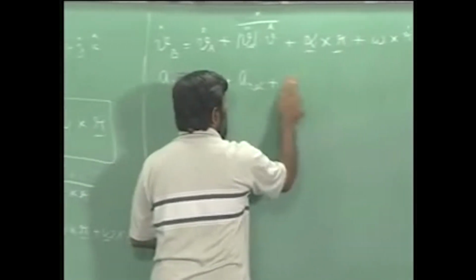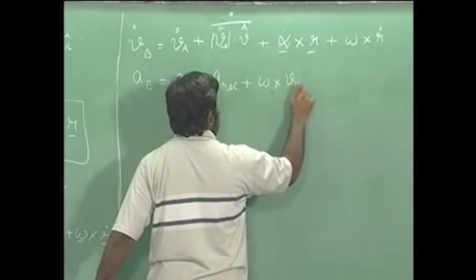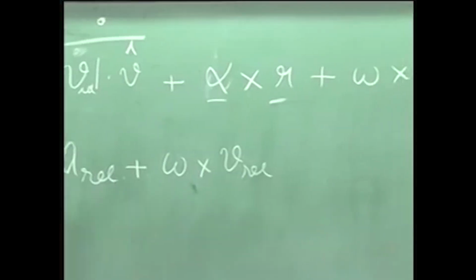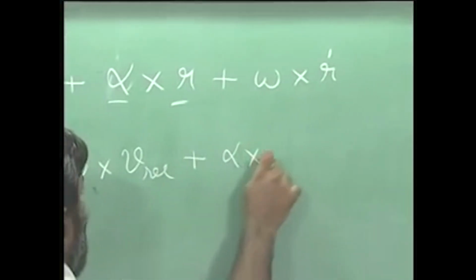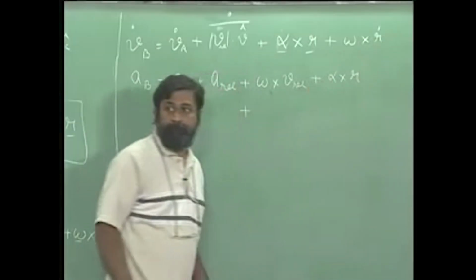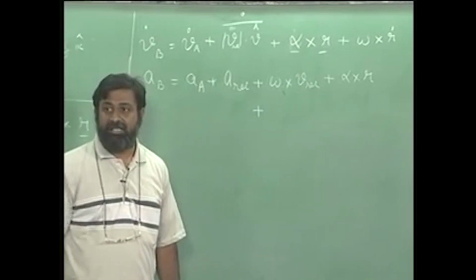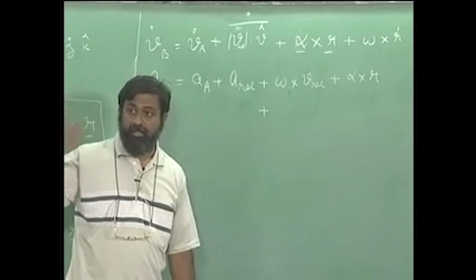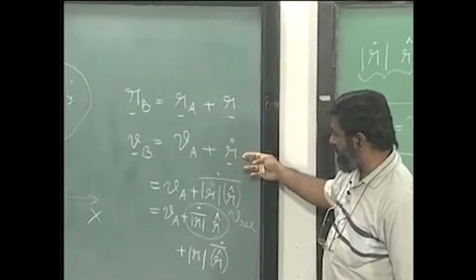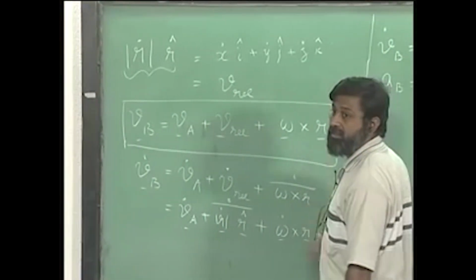Directly I can write this to be omega cross, is that okay, plus alpha cross r plus what is this? What is r dot? R dot again I can take from here, I have already written r dot here. R dot happens to be V relative plus this, right.